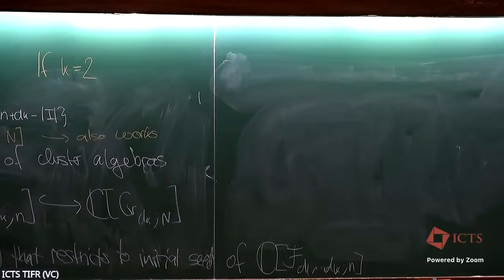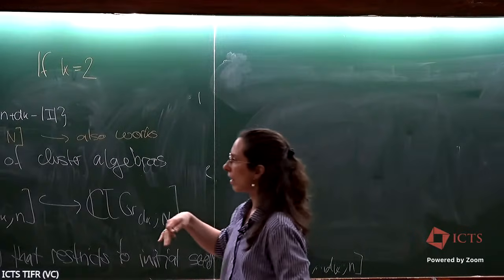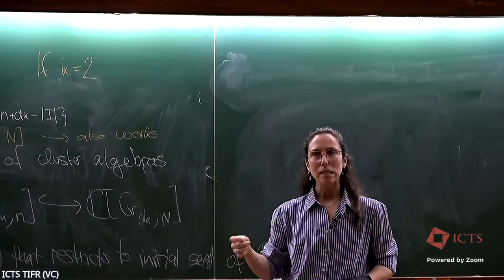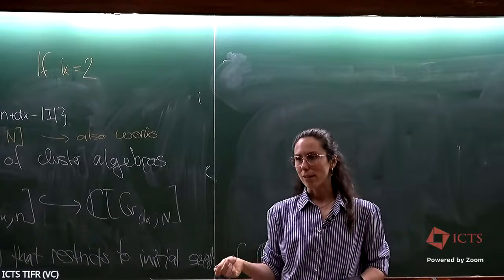I have about 15 minutes for about 6 pages in my notes. That's not going to happen. But I wanted to tell you a bit of an application of cluster algebras that has been coming up over the last, by now, 15 years in particle physics and scattering amplitudes.